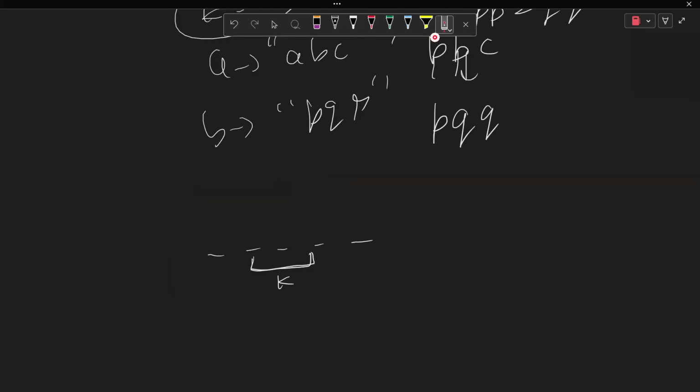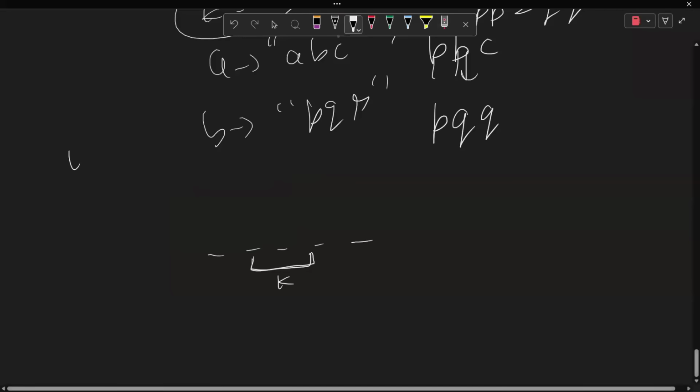If the last operation you perform was I ch, where ch is a character and I is the index, then from index I up to index I plus k minus 1, you would have all ch. So for sure in your B, there should be at least one place where some character occurs k times consecutively.